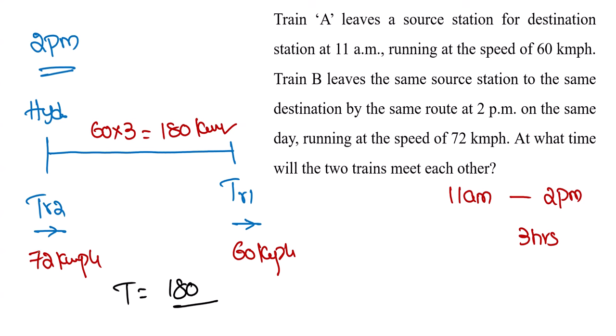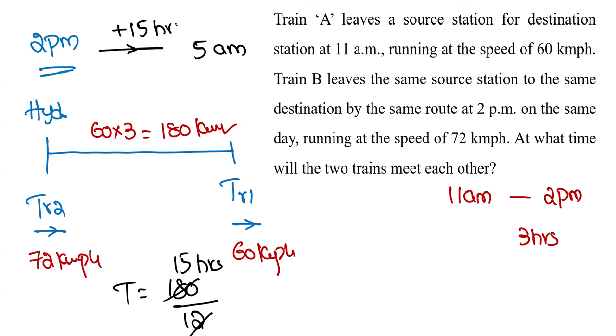We want 180, so at 12 extra per hour, 15 hours are required from 2 p.m. 12 hours from 2 p.m. means 2 a.m., plus 3 more hours, so 5 a.m. They are going to meet at 5 a.m.